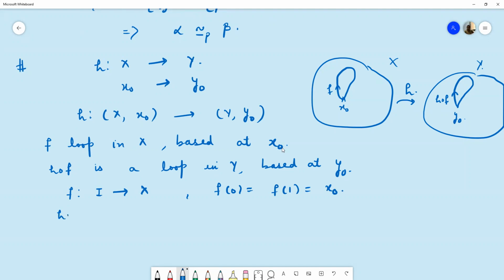Then what is h circle f? f is a mapping from I to X and h is a mapping from X to Y. Then it will be a mapping from I to Y, such that h circle f of 0, it is h of f of 0, that means h of x naught, and that is y naught. Similarly, h of f at 1, this is also y naught. So this is a loop in space Y which is based at point y naught.